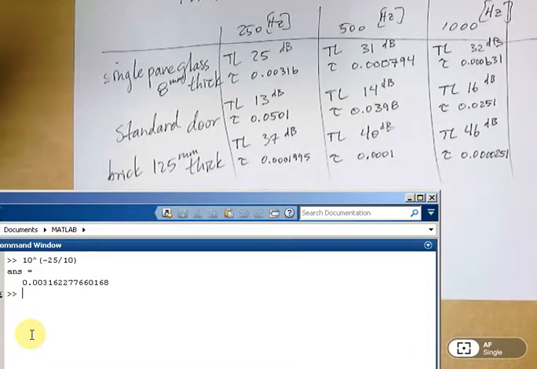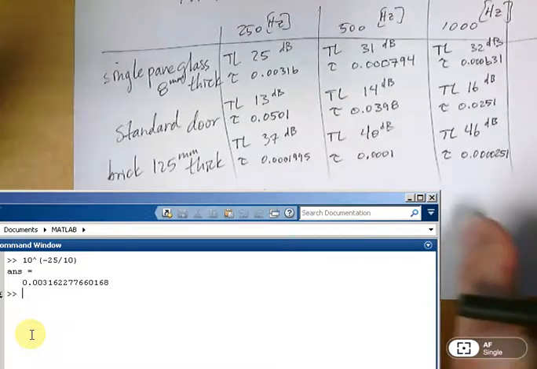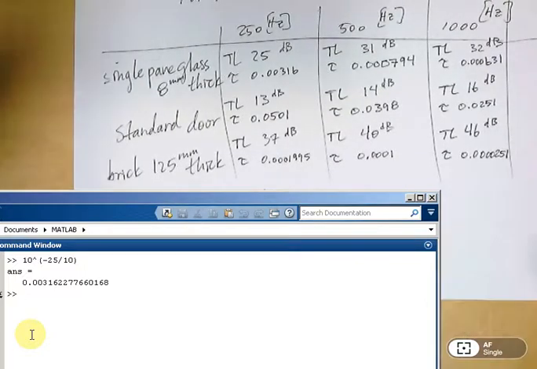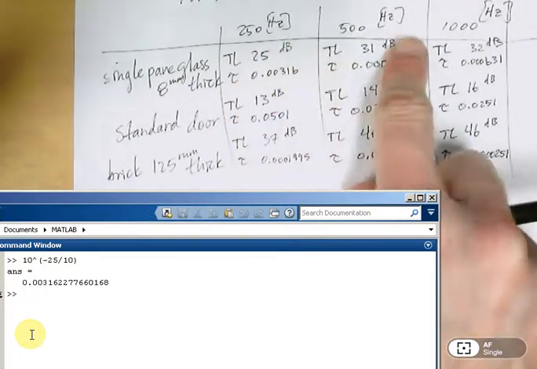There you go. And these are all of our transmission coefficients that correspond to the ith surface in the specific octave bands that we'll look at.